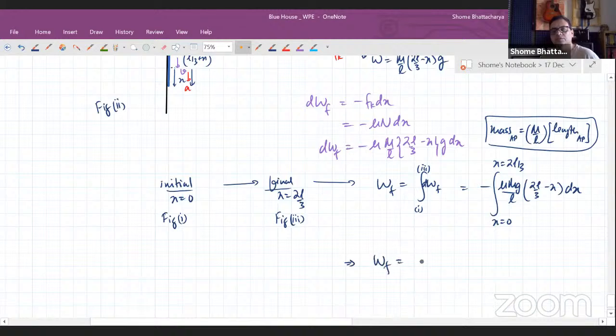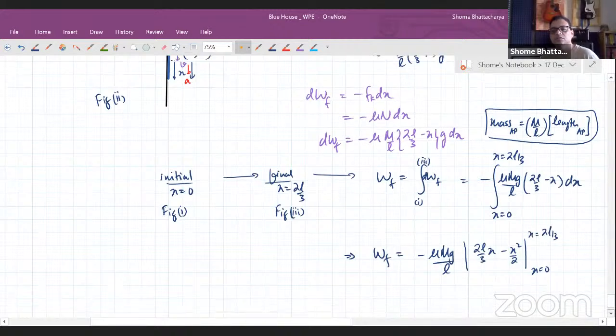So work done by friction is minus mu mg by L. Now this integration will give us 2L by 3 x minus x square by 2, from x equal to 0 to x equal to 2L by 3.